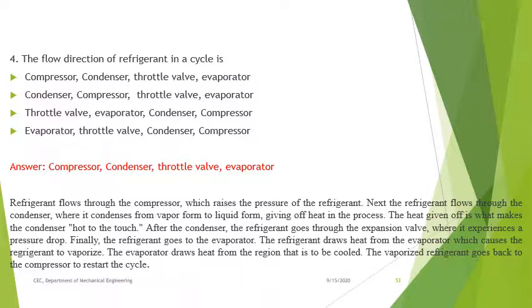Finally, refrigerant goes to the evaporator. The refrigerant draws heat from the evaporator, which causes the refrigerant to evaporate. The evaporator draws heat from the region that is to be cooled. The vaporized refrigerant goes back to the compressor to restart the cycle.